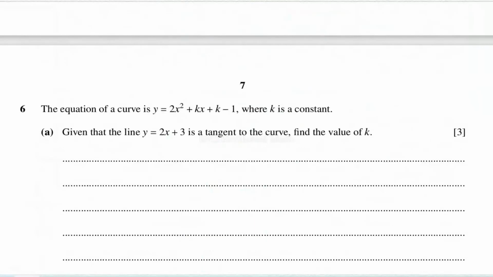That means at one point the equation of the curve and the equation of the tangent line are equal. So we can equate 2x square plus kx plus k minus 1 equal to 2x plus 3.